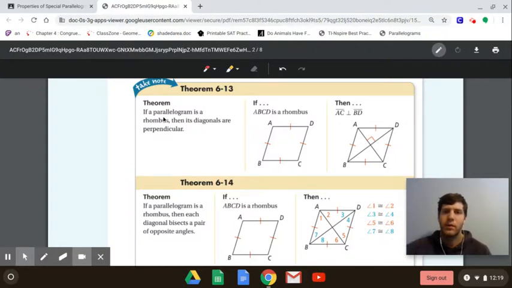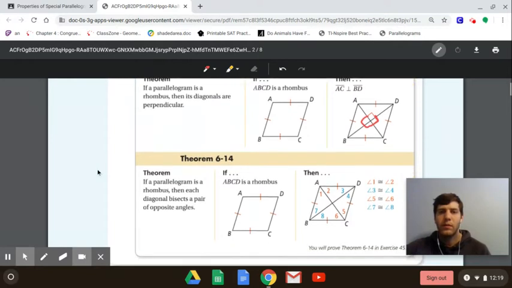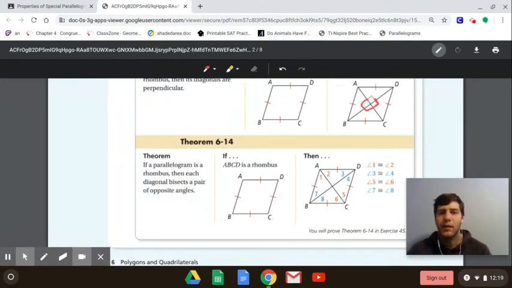So if we have a parallelogram that's a rhombus, then its diagonals are perpendicular. So we have four right angles, 90, 90, 90, and 90. Diagonals are perpendicular. And then our other one is that the diagonals will bisect opposite angles. So we know that angles 1, 2, 5, and 6 are all going to have the same angle measure. And then 3, 4, 7, and 8 are also all going to have the same angle measure.